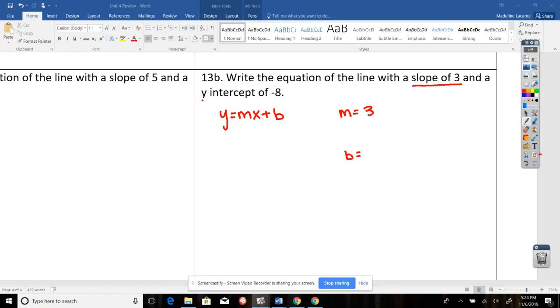And then it tells us a y-intercept of -8, which means our b equals -8. So all you have to do for this question is just substitute these into our equation. So I have y equals 3x, since our m is 3, and our b is -8, so -8. And that's the answer.